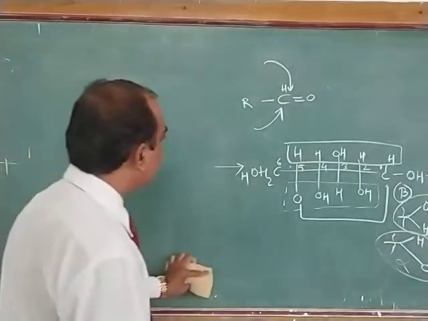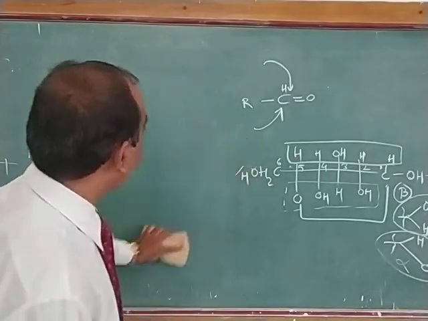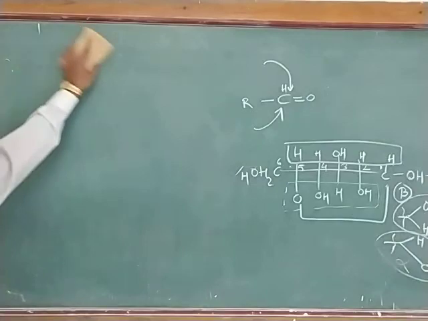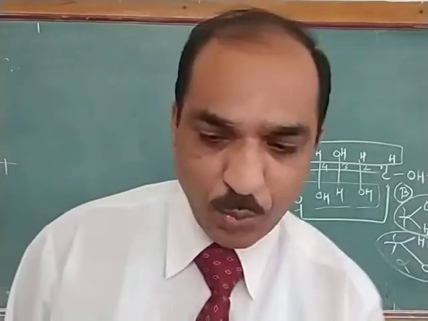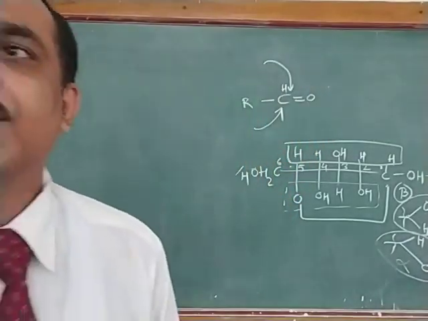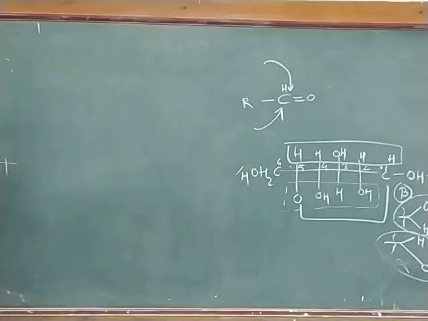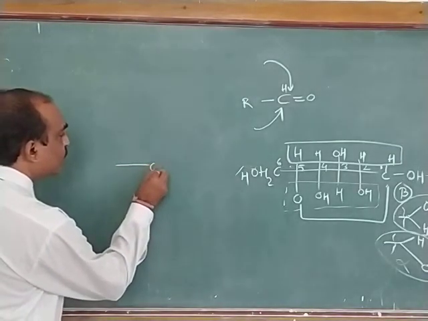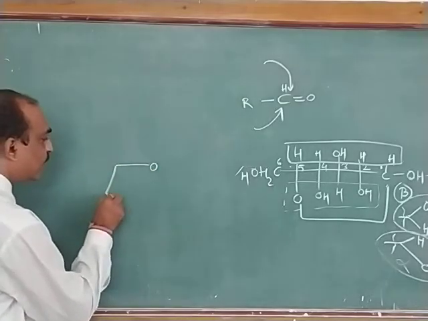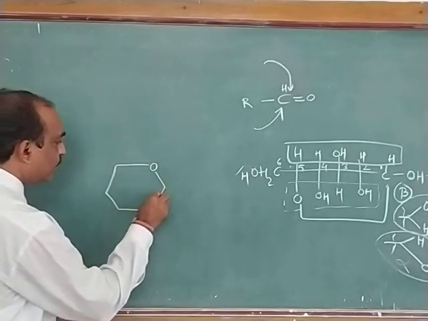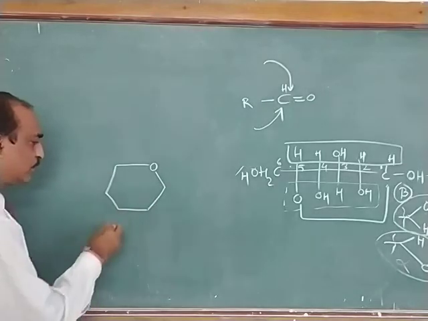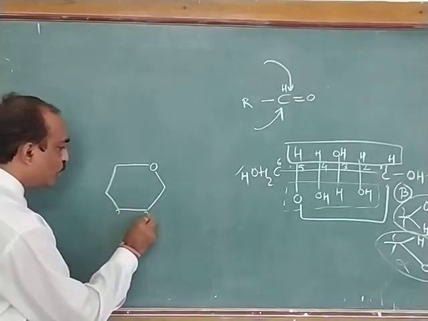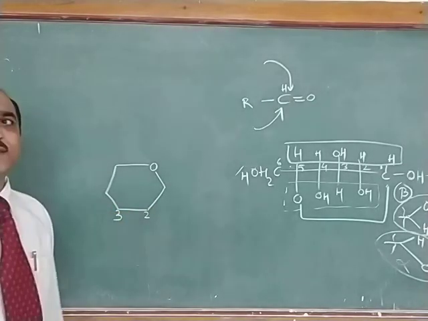Cyclic structure means what? That is the Haworth projection, or the Haworth structure drawing. Okay, how we can draw that structure, we will see here. Now, what you do? Always you have to put this oxygen on the right hand side corner. Here is carbon number 2 and carbon number 3.